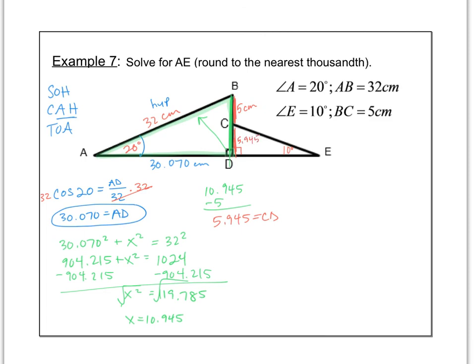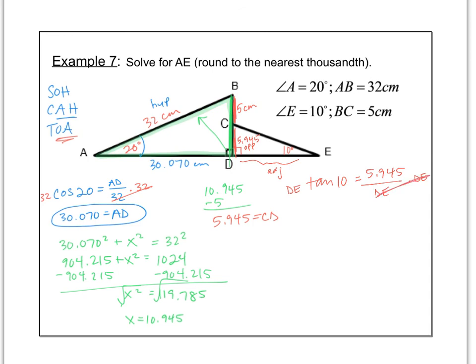I need to find this side, which is adjacent to the 10. I also have opposite with the 5.945. Opposite and adjacent goes with tangent. So the tangent of 10 is 5.945 over DE. This is kind of weird because I'm using two letters, but I'm going to multiply by DE on each side.